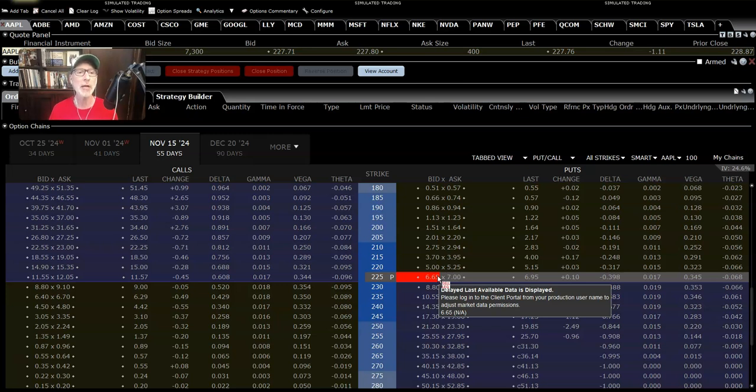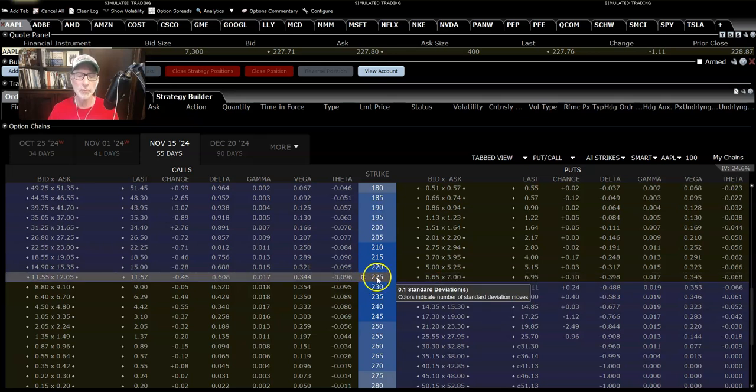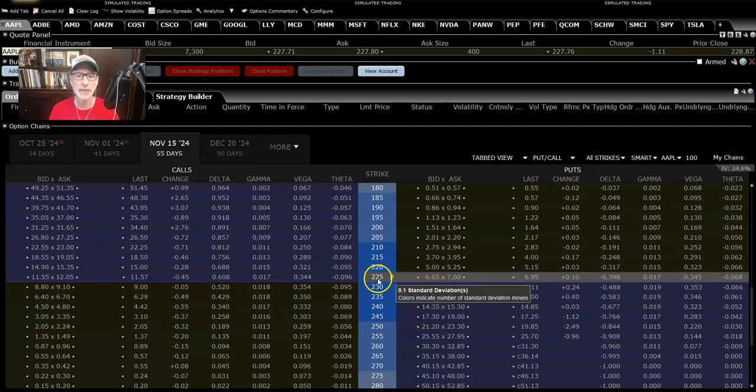But I had a much higher probability of knowing that Apple's not going to fall that far. If Apple falls below $225, what happens in this case is that you're going to have to buy 100 shares at $225. That's what happens when you sell a put option. You're basically contracting yourself out to potentially buy the shares at the strike price.